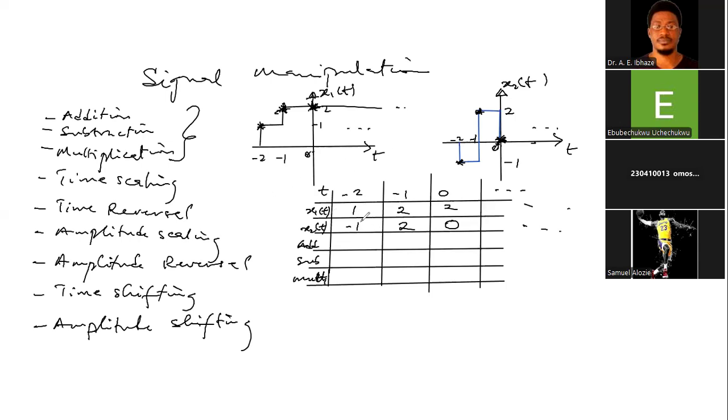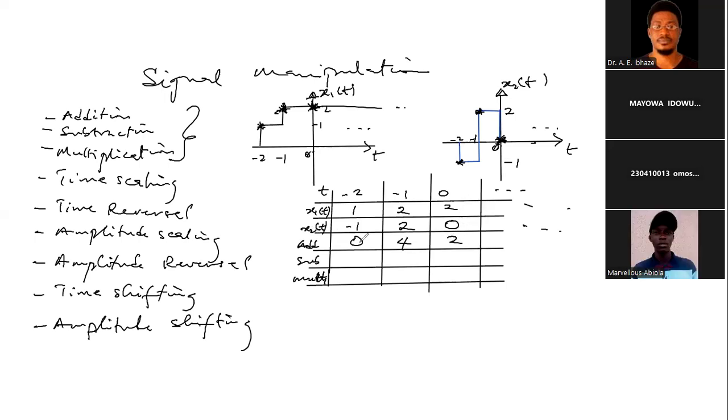So now let us perform addition. 1 plus -1 is 0. 2 plus 2 is 4. 2 plus 0 is 2. So we have our signal when we perform the addition operation.